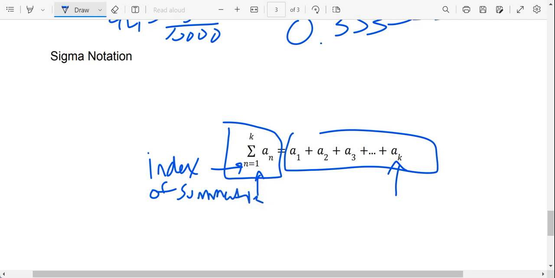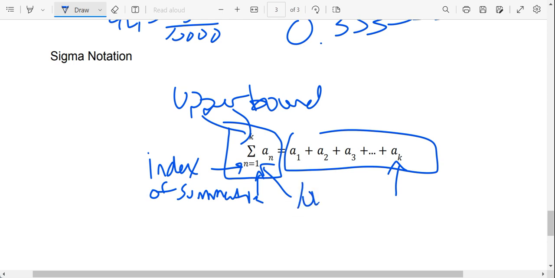And k is the upper bound of the summation. And 1 is the lower bound of summation. As I said, we go from 1 all the way to whatever that k value is.